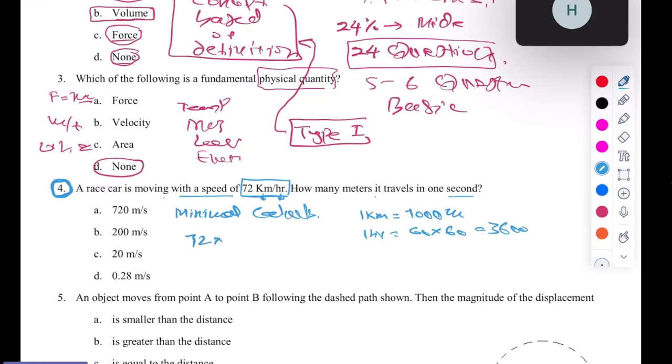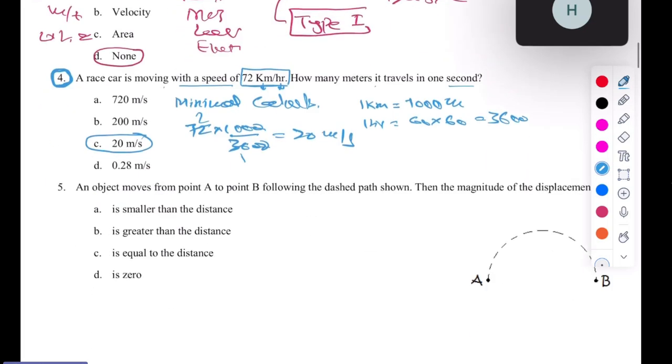So 72 multiplied by 1000 divided by 3600. You will get 20 meters per second, so it's option C.